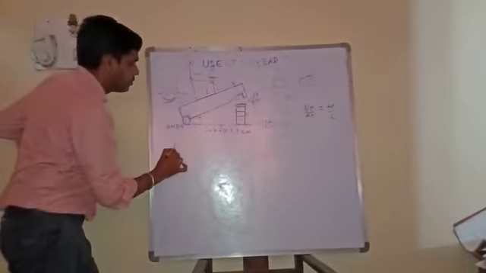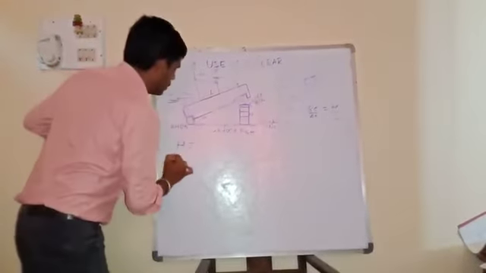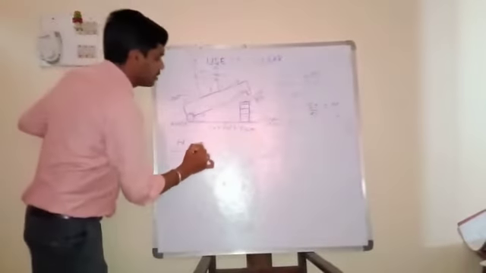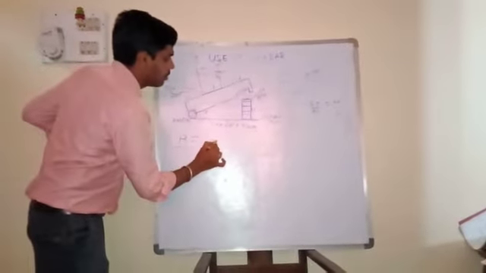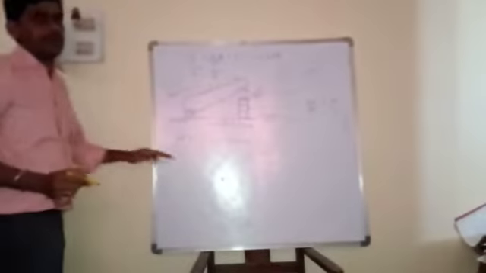That is the h value, for example 3 mm or 4 mm, whatever it may be, depending on the type of the workpiece.